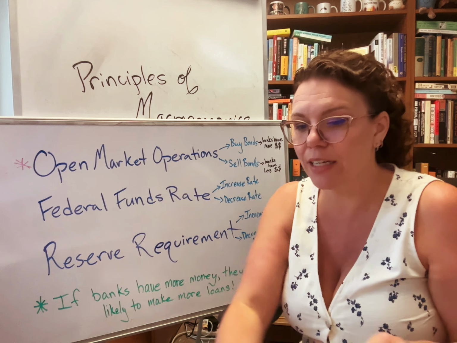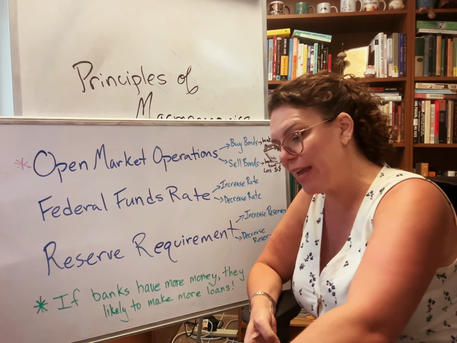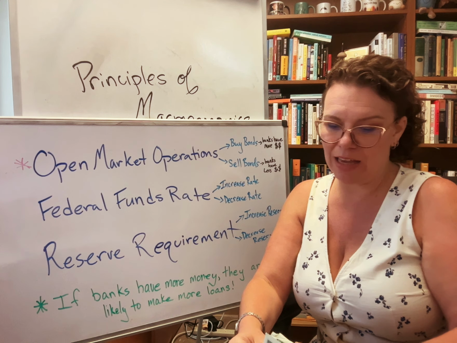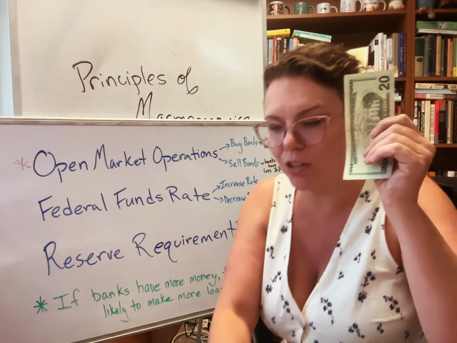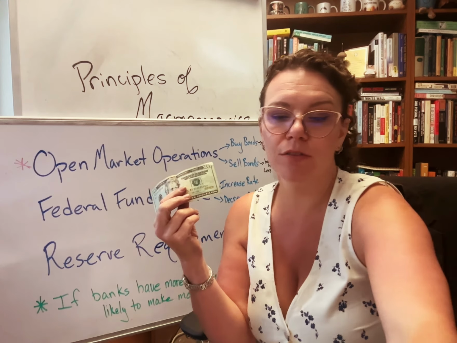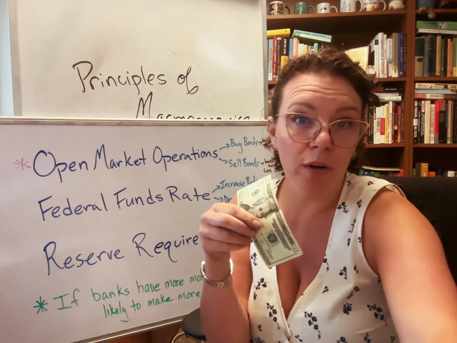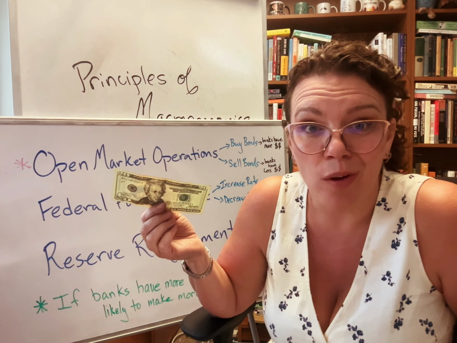So the idea here is maybe I am the world's tiniest bank, and let's say I've got a handy dandy $20 bill here, and this is in my reserves. And while it's a reserve, I can either loan it out or hold it, but I might make a loan with it.